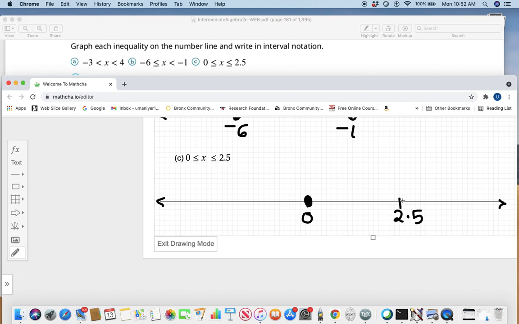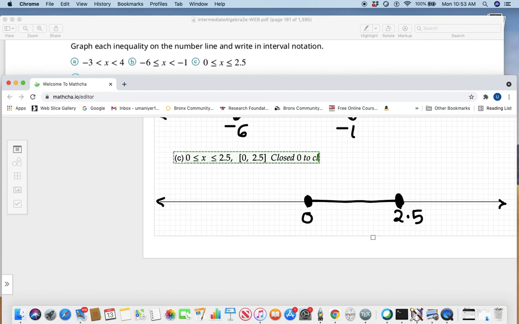For 2.5, equal is allowed, so that point is also filled in. x is between these 2 points. Filled in points get bracket 0 to bracket 2.5. So closed 0 to closed 2.5. Okay. We'll continue next exercises in our next video.